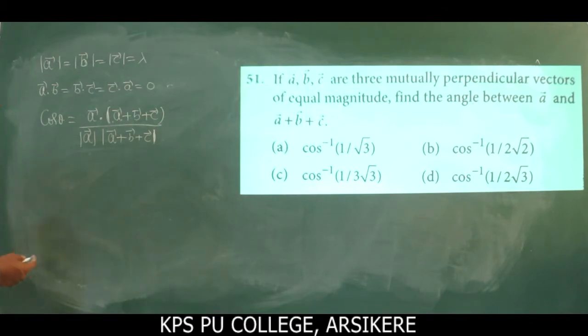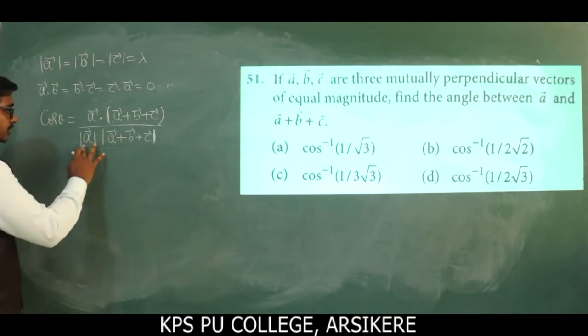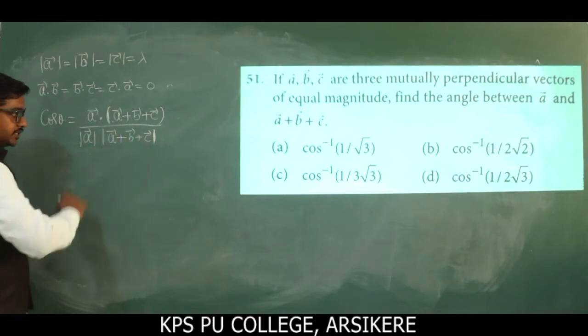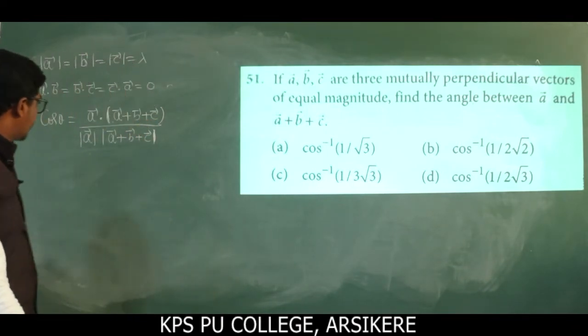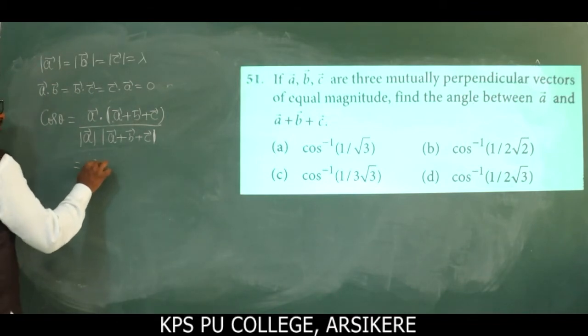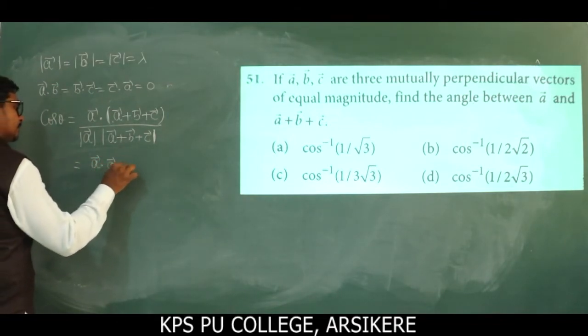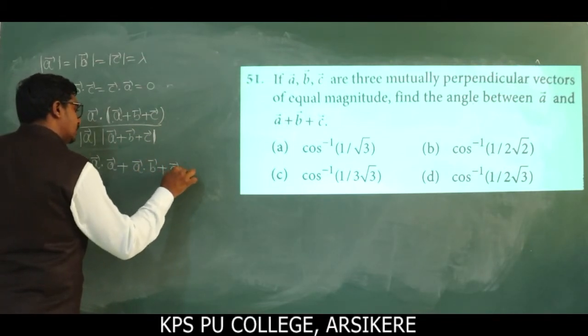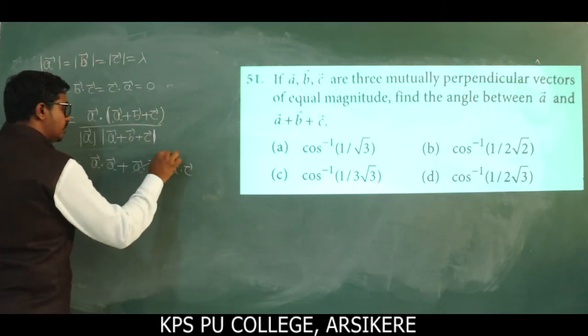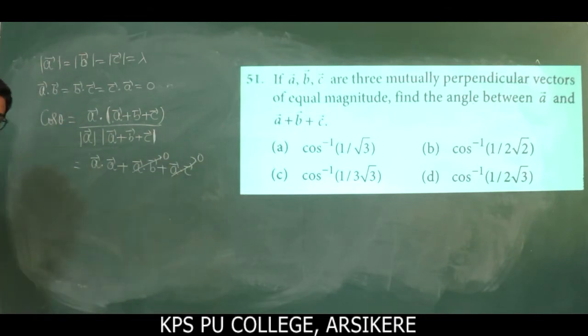Okay, but here the requirements are vector A plus B plus C and its magnitude. In the first expression, numerically we can simplify this as vector A dot vector A plus vector A dot vector B plus vector A dot vector C. So these two quantities become 0 because they are perpendicular to each other.